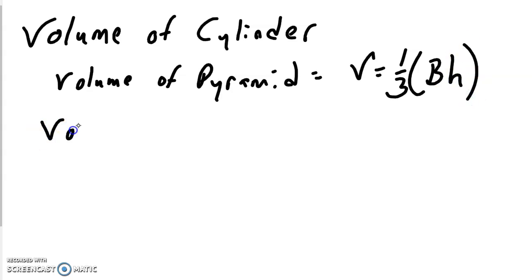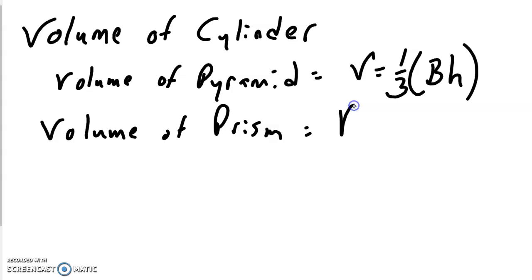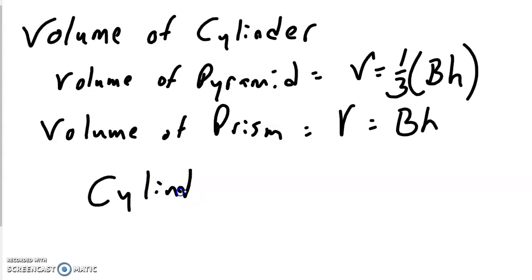You've also done the volume of a prism, which is the area of the base, capital B, multiplied by the height. The reason that's important is because a cylinder is also going to be the area of the base times the height.